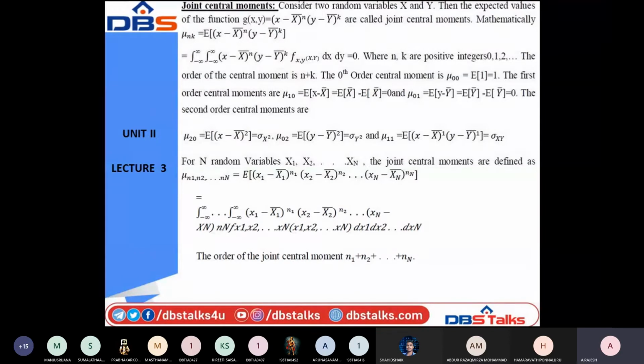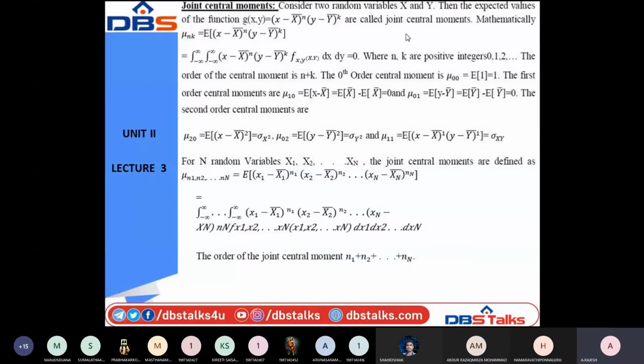So the expected value of the function g of x comma y can be written as (small x minus X complement) whole to the power of n into (small y minus capital Y complement) whole to the power of k, are called the joint central moments.